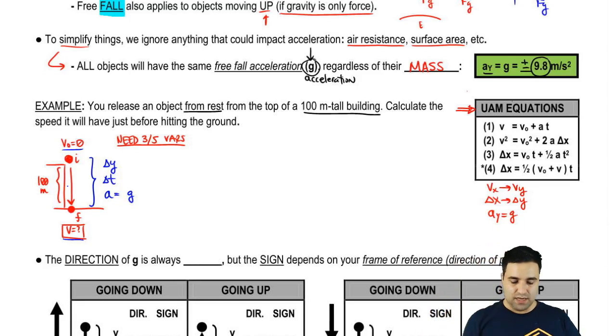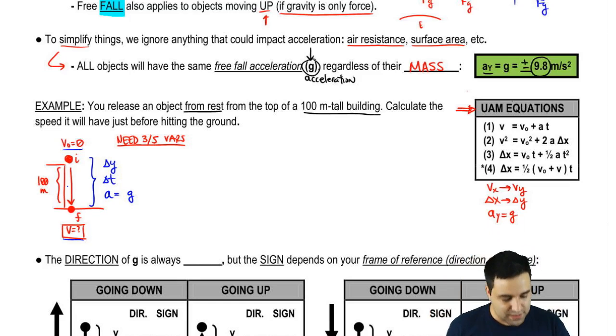I'm going from the beginning to the end, so the gap that I covered is 100. Now, this 100 is going down because I'm falling down. Gravity is always down, right? This velocity right before I hit the ground is down because you're falling as well. And time has no sign, and no direction, right?